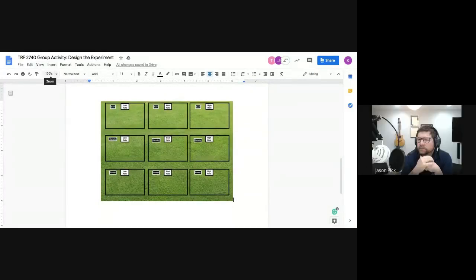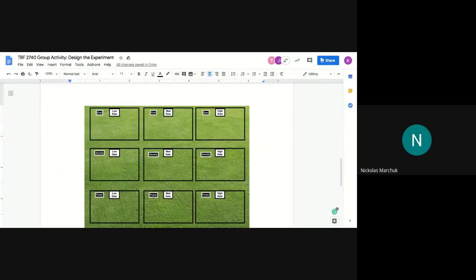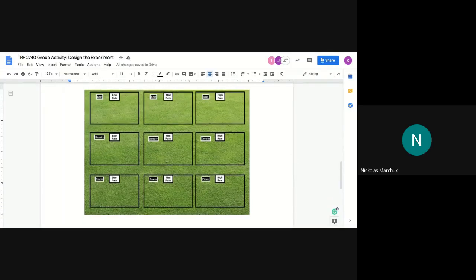And then we would have our own plots just for a control without the product at all. And then we were thinking we would have these different plots on different areas of the course to see the different, like, little mini, what's the word I'm looking for?